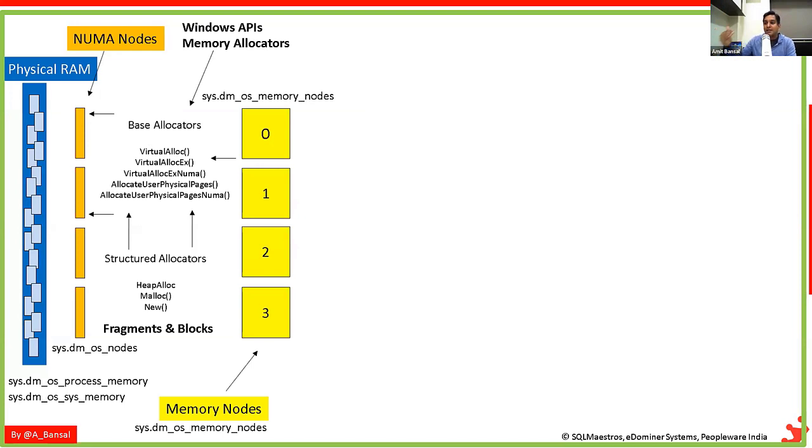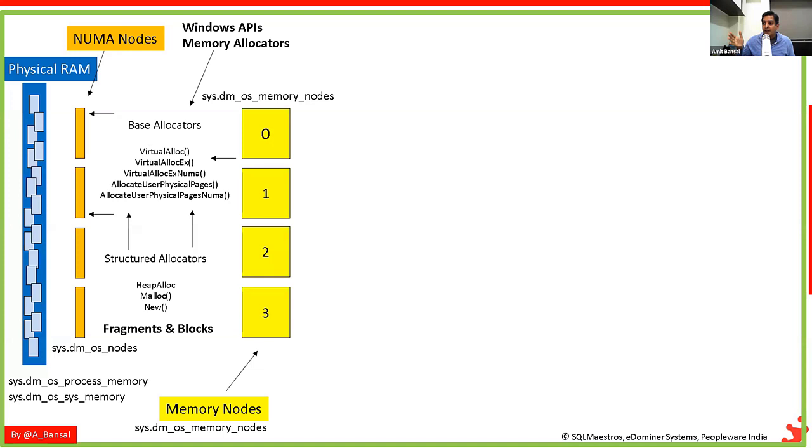So these base allocators and structured allocators are being called. If you're really interested, fire up WinDbg and just try to load up a big table, and you can see that VirtualAlloc and VirtualAllocEx are going to be called in Win32 in the WinDbg tool.